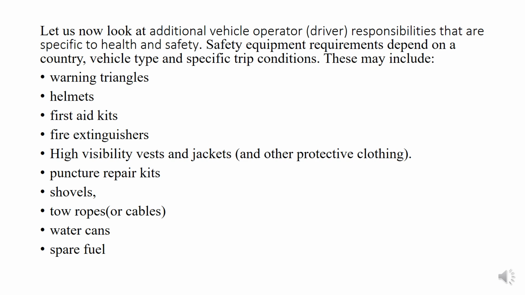So let's now look at additional vehicle operator responsibilities that are specific to health and safety. Safety equipment requirements may include warning triangles, helmets, first aid kits, fire extinguishers, high visibility vests and jackets, and other protective clothing, puncture repair kits, shovels, tow ropes or cables in case the car gets stuck or falls in a ditch.